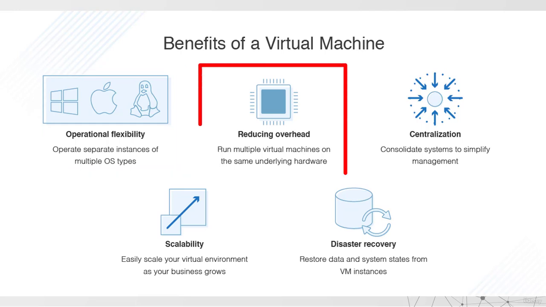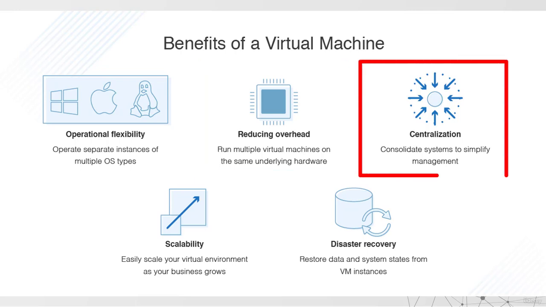Now, traditional IT setups involve significant overheads, from the purchase and maintenance of physical hardware to energy consumption. But with cloud-based virtual machines, a company can sidestep these costs, so the pay-as-you-go model ensures you're billed only for the resources that you use. And furthermore, there is no need to worry about the lifespan of physical servers or constant hardware upgrades.